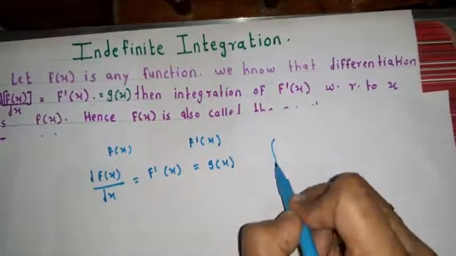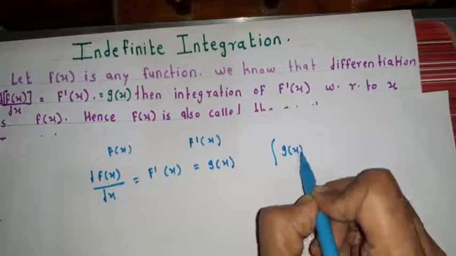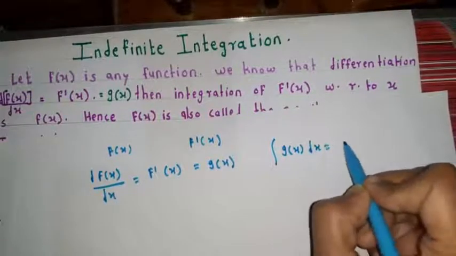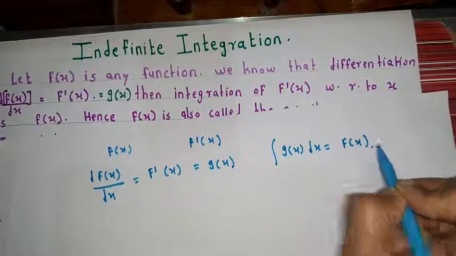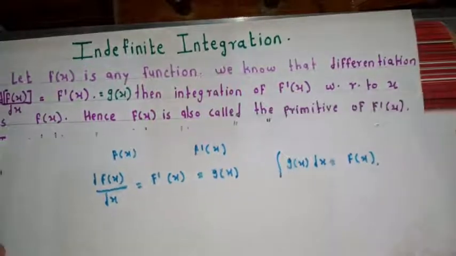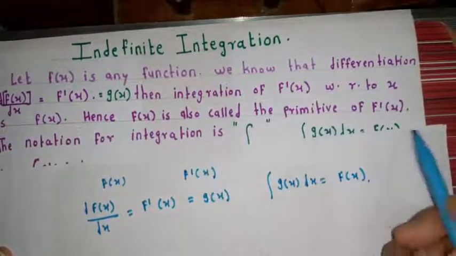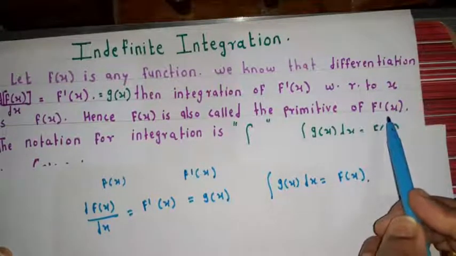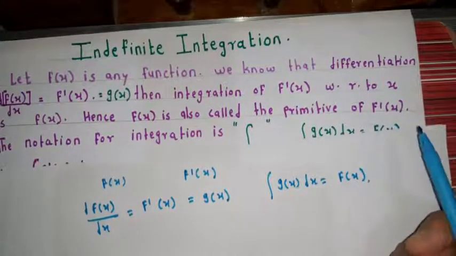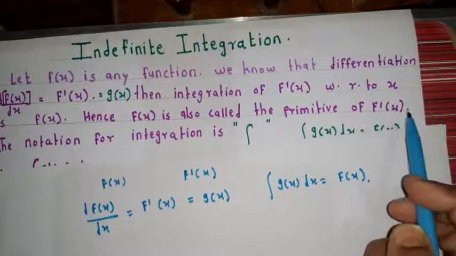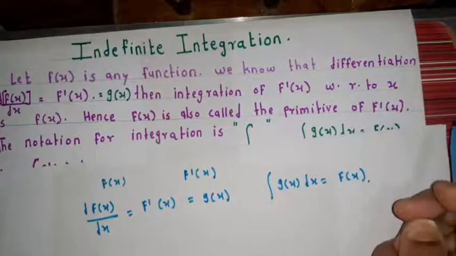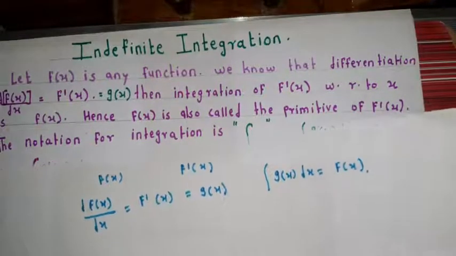Then the integration of g of x with respect to x is f of x. And hence this f of x is called the primitive of f dash of x, and that is also the antiderivative.